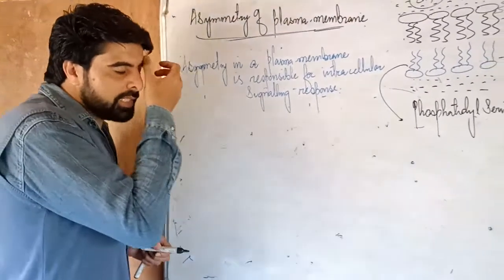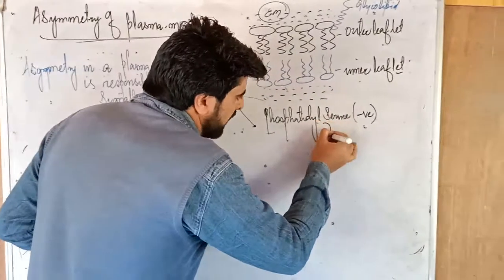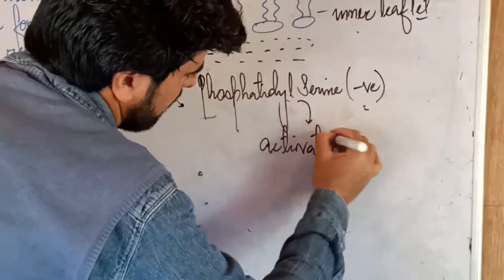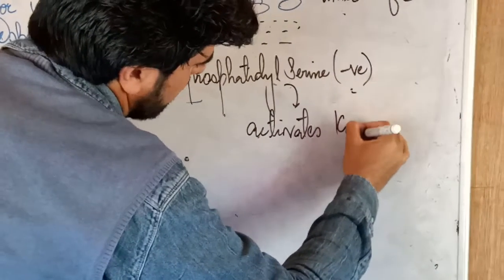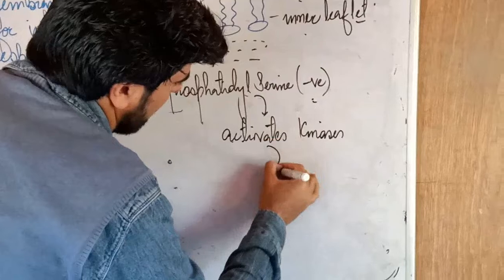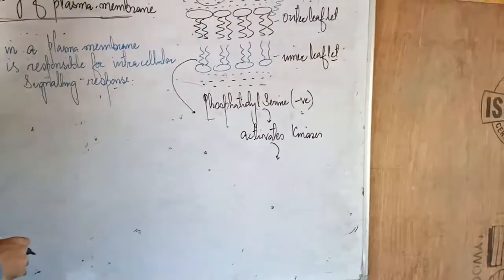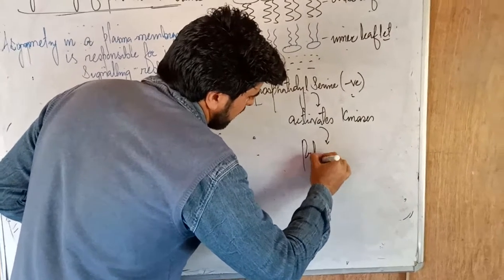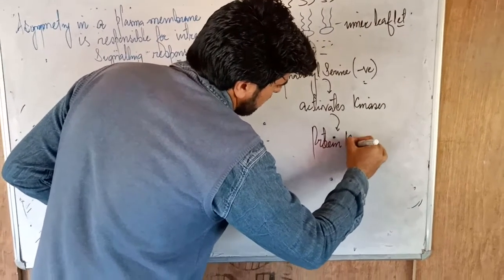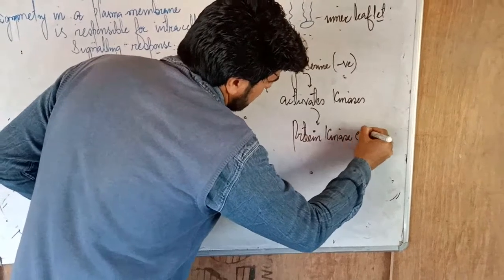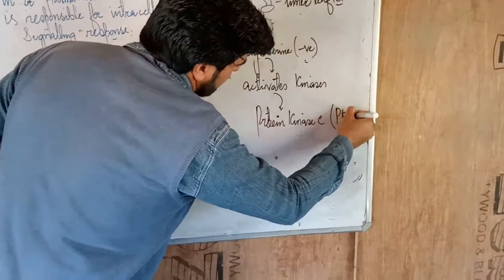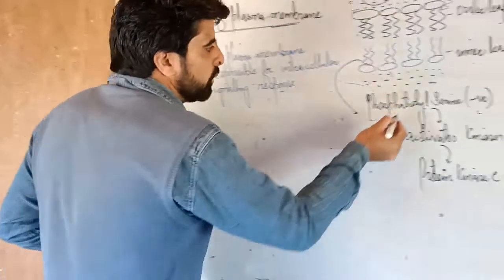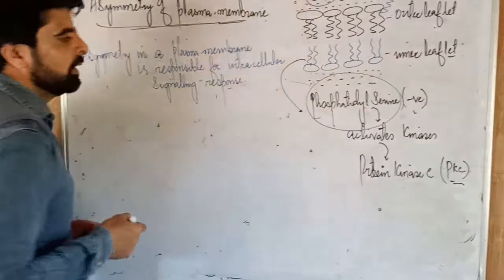This phosphatidylserine activates various kinases, enzymes known as kinases, especially the kinase which is activated by phosphatidylserine, that is protein kinase C. The short form is PKC.